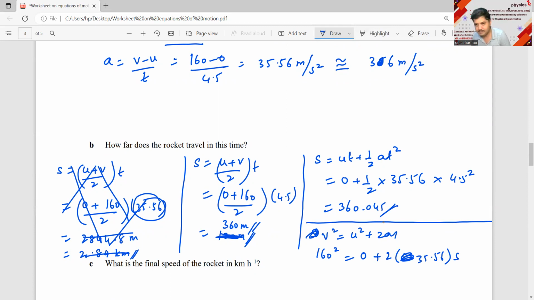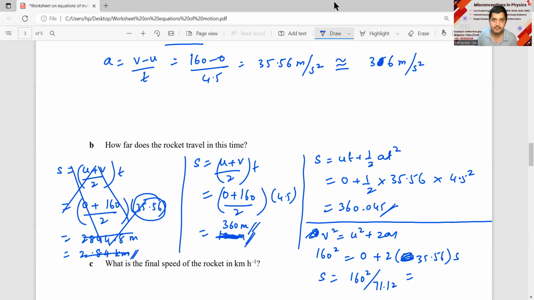So I will write S is equal to 160 square divided by 2 into 35.56. So what is this? 2 into 35.56, which is 71.12. If I calculate this, multiply this by 160 square, 160 into 160. I'm making some mistake. I'm not getting what is wrong.